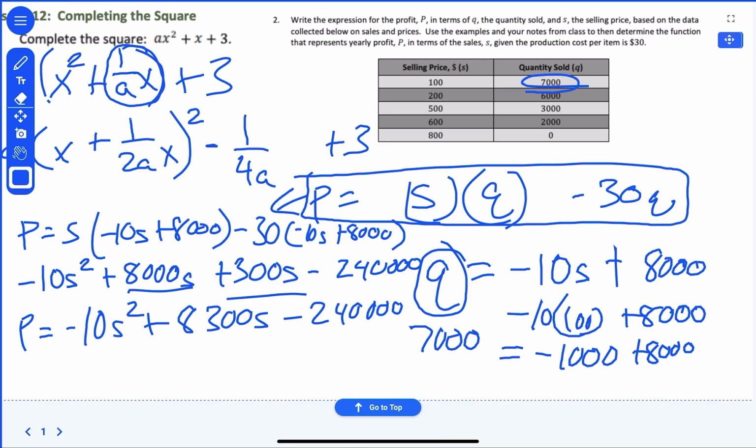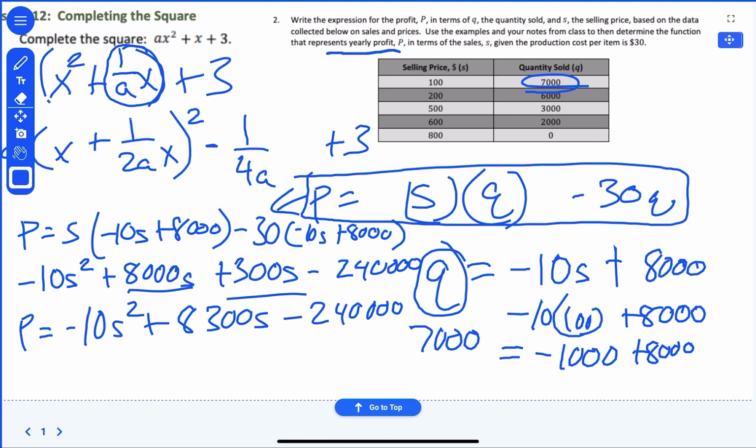Okay, so now then, that is our formula to find what? Yearly profit? Is that what you said? Why did you say yearly? Where? Oh, I do see that now.